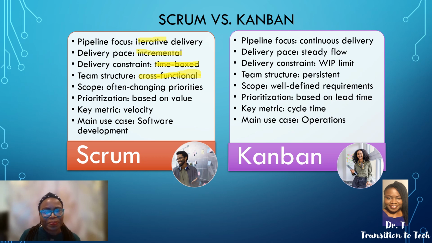Now, one of the major hallmarks of Scrum is that it allows for often and changing priorities. So what we mean by that is you may start a project or need to start a project to get ahead of things and get some underlying elements put into place before the requirements are fully fleshed out.